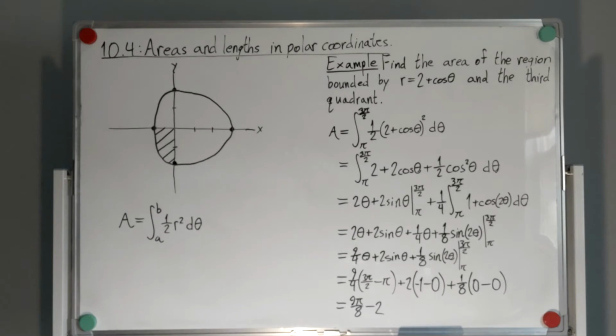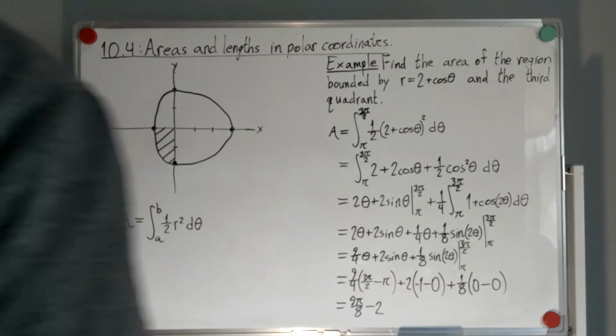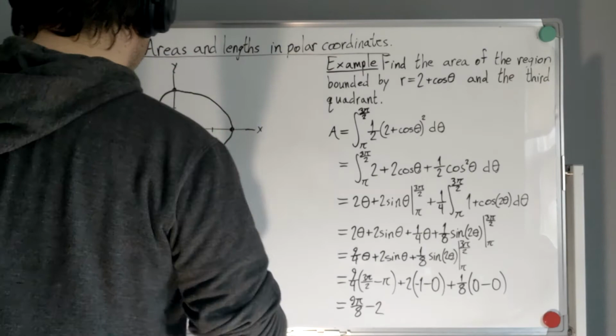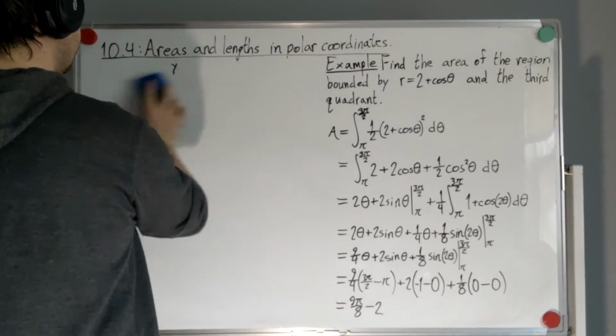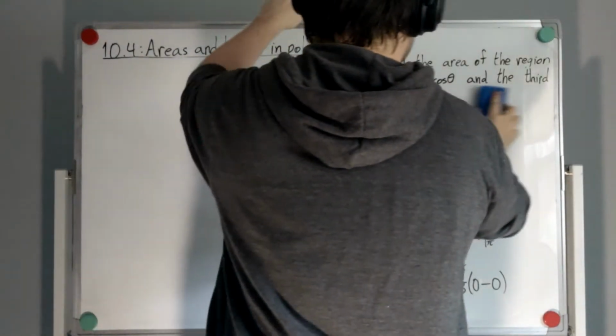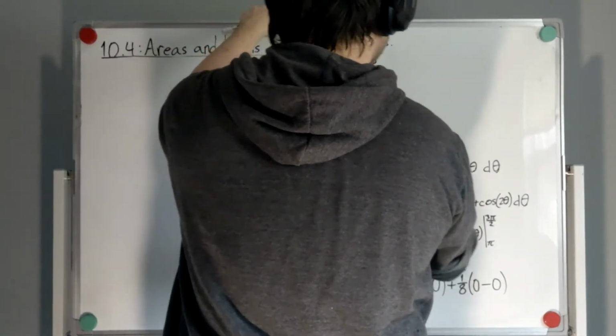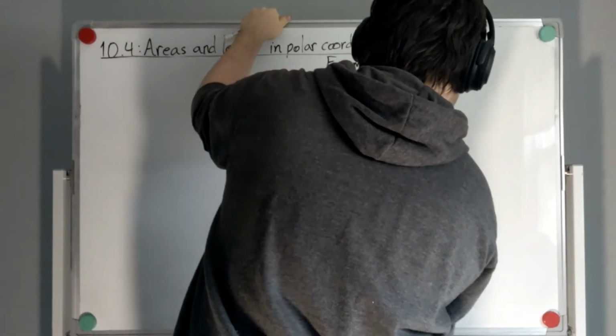All right, so now there's just one more thing to discuss, and that's the arc length of a polar curve. So, arc length is the same thing as it was before. It's just finding the length of the curve.